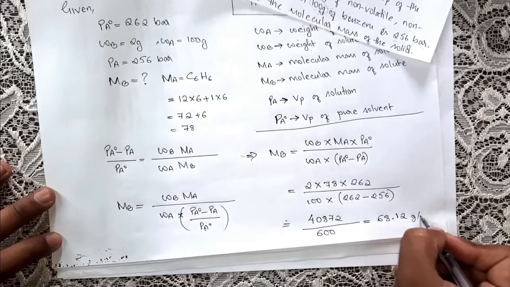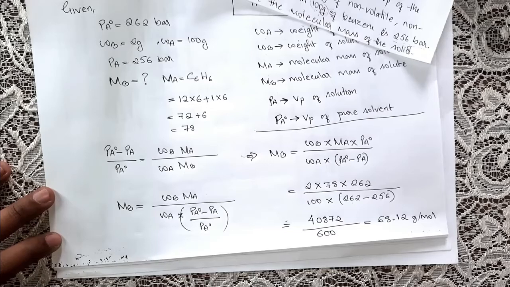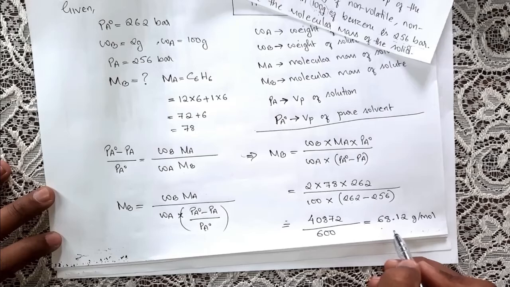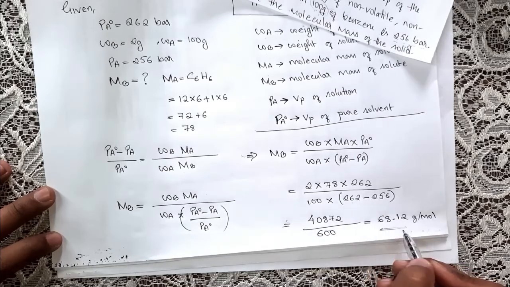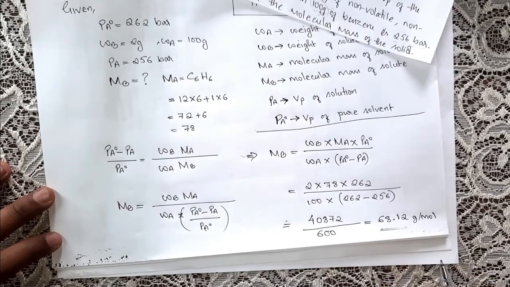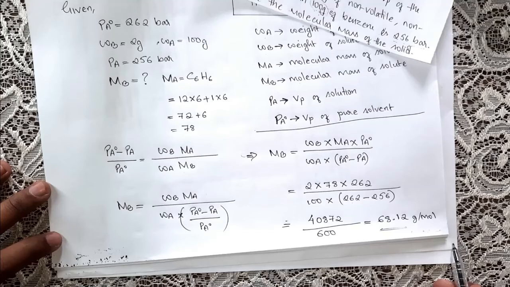gram per mole, since it's a molecular mass. So this will be the molecular mass of the solid, 68.12 gram per mole. So this is how you can calculate the molecular mass of the solute.